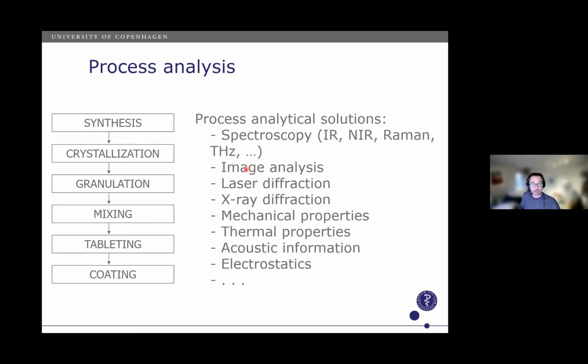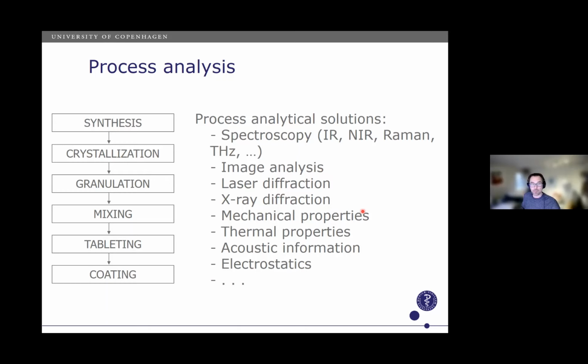We can do image analysis from moving material. We can do laser diffraction and X-ray diffraction methods for looking into material properties during processing. And these techniques allow for very precise particle size measurement, and even polymorphism-related phenomena can be measured in real time.